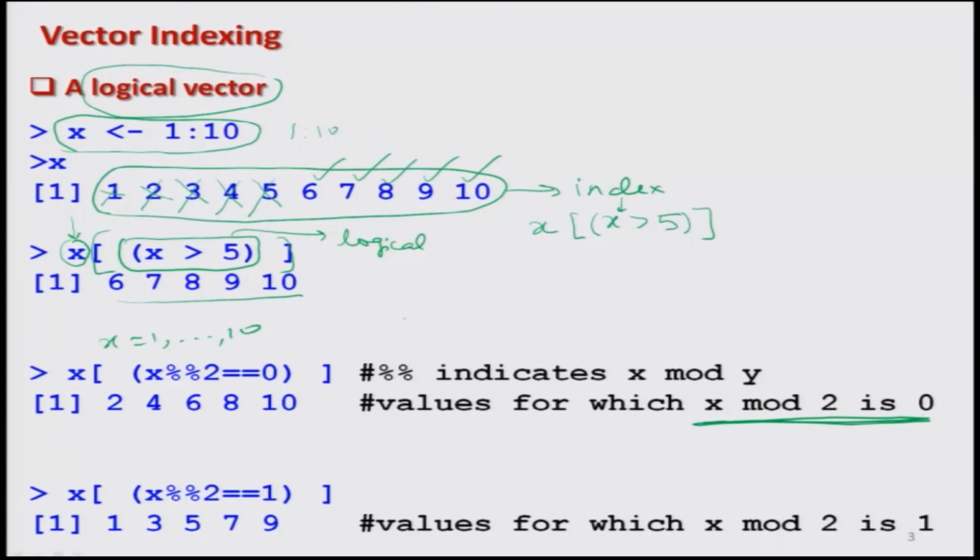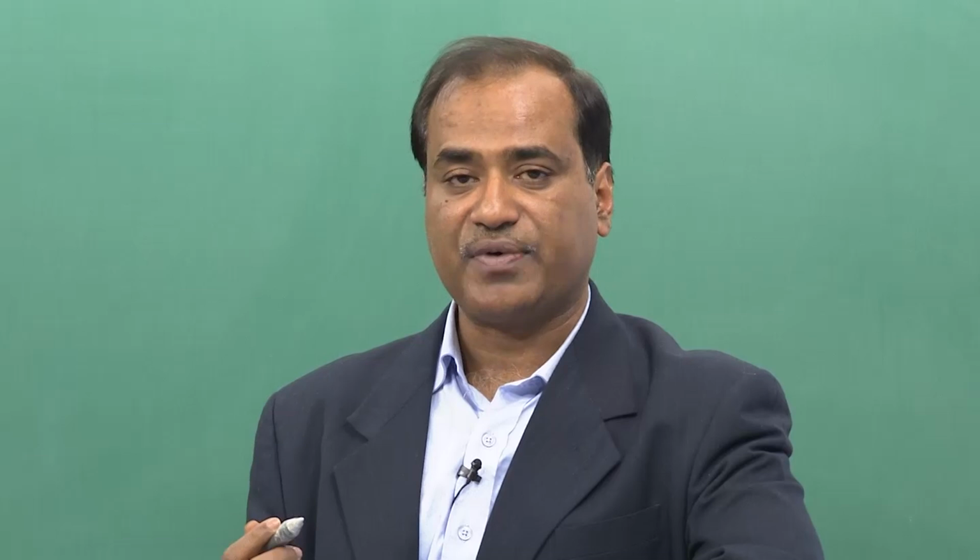That means from the sequence 1, 2, 3 up to 10, I would like to find out the values for which x modulo 2 is equal to 0. You may recall that we had discussed the operation of x modulo 2 in the initial lectures.